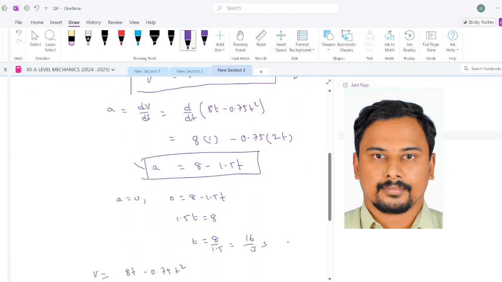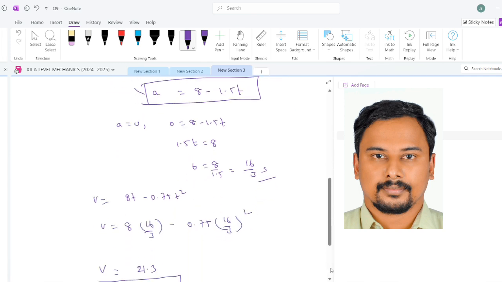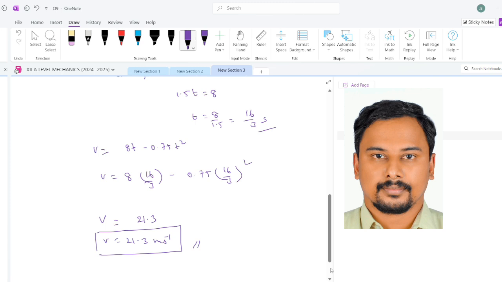Then I took acceleration as 0 and got the time. Substituting the time in the velocity equation gives the maximum velocity. So this is the maximum speed.